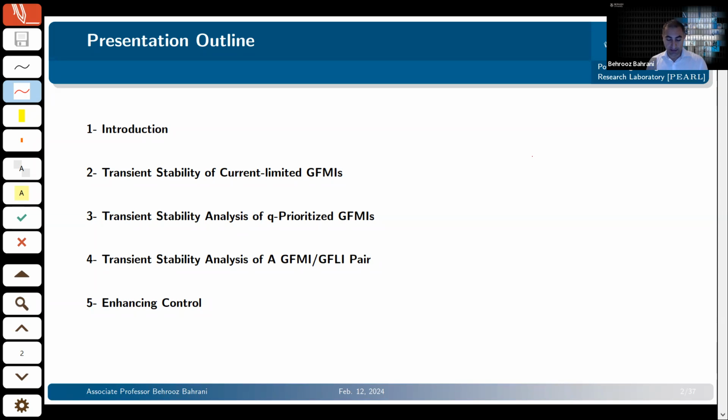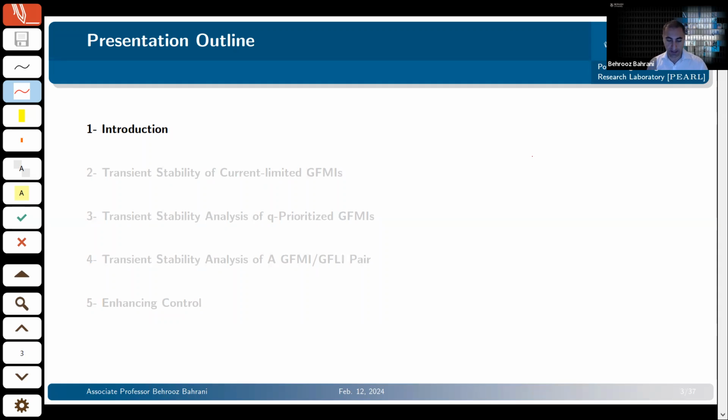And particularly, we'll focus on transient stability of Q prioritized grid-forming inverters, and we'll have a look at also transient stability of a pair of grid-forming and grid-following inverters, and finally some enhancing controls. We'll see how we can improve stability based on what we'll see.